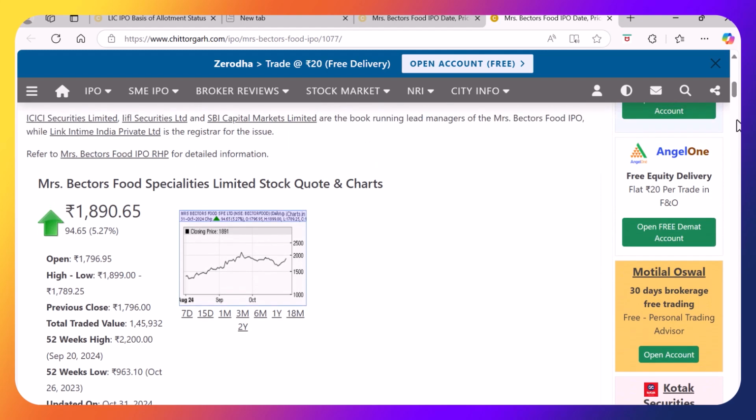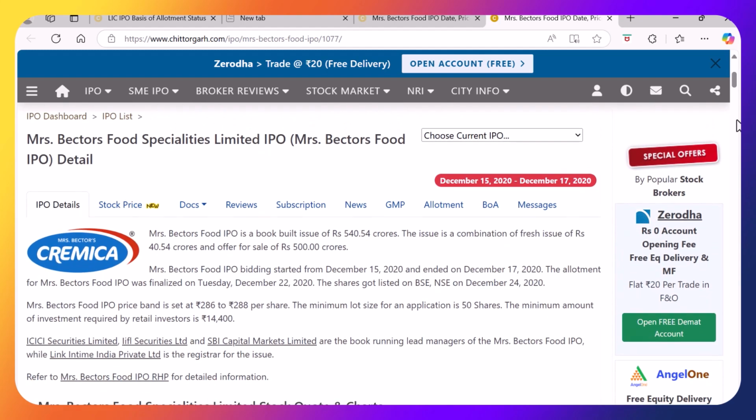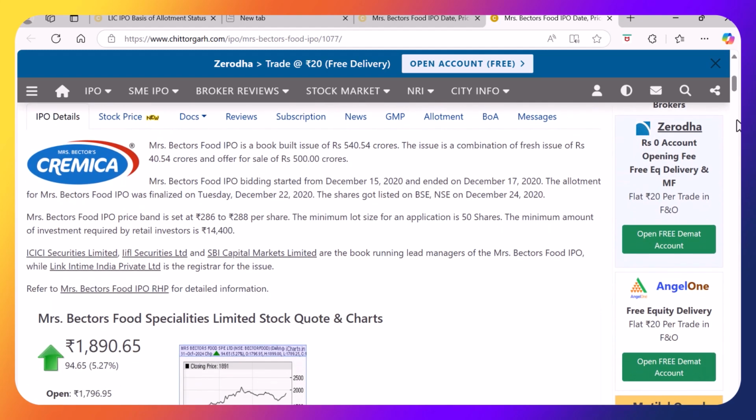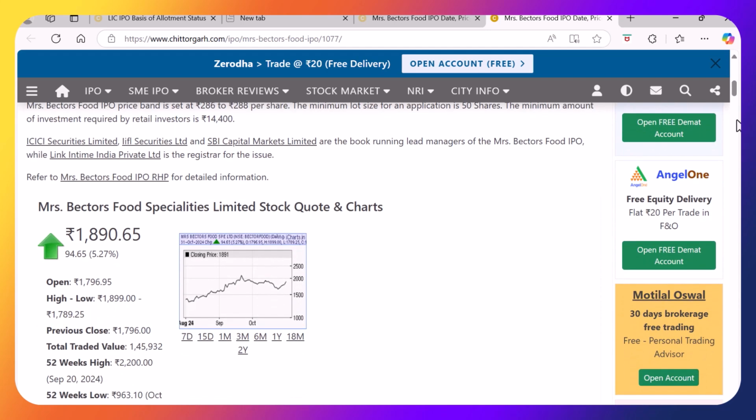So now, what was the price band, Ananya? Sir, 286 to 288. And what is the current price of Bector Foods, which is given here? Rupees 1890.65. So it has done well after the IPO? Yes, sir.